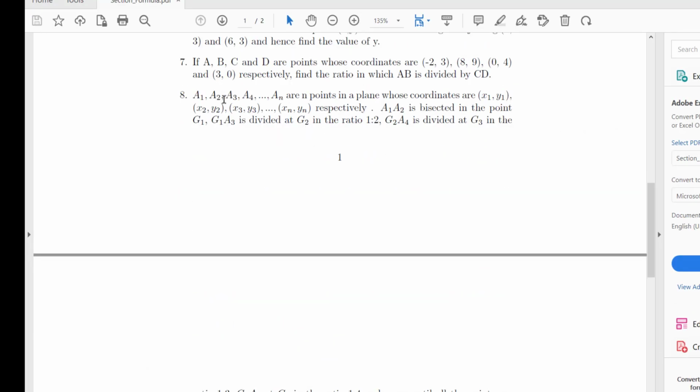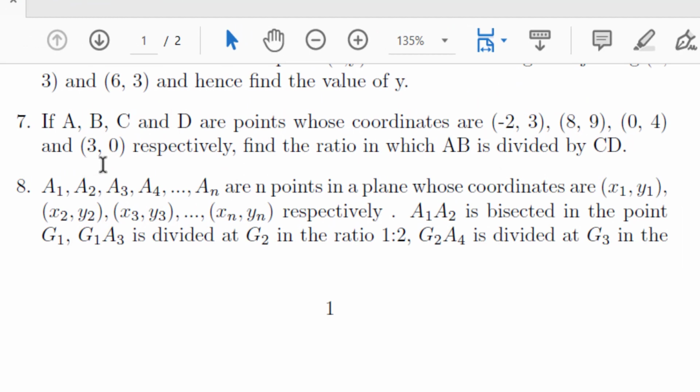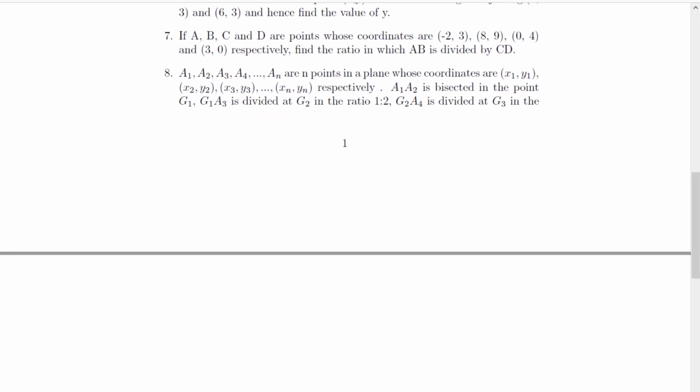Question 7. Let's read the question. If A, B, C and D are points whose coordinates are given, 4 points A, B, C, D respectively, find the ratio in which AB is divided by CD. So 4 points, 2 points will make one line, another 2 points will make another line, AB and CD, and we have to find the ratio in which one of the lines is dividing another.